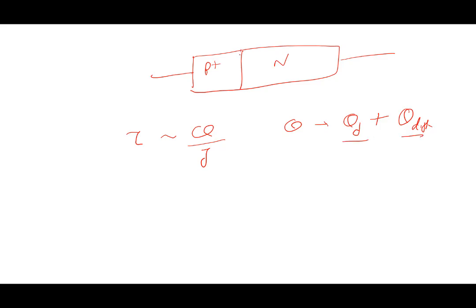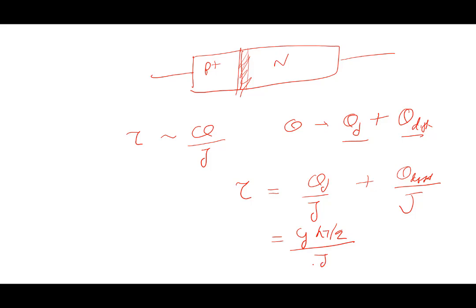Junction charge is all this depletion region here, and so delay would then have one component Qj by J, and another component Q diffusion charge by J. The first component we've said goes as Cj kT by q by current density J. It can be written in this particular form.